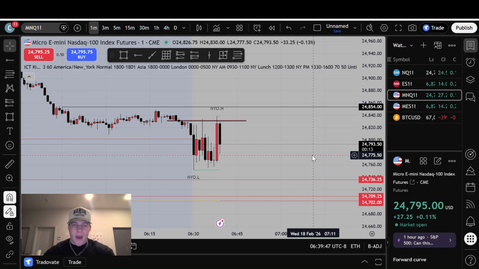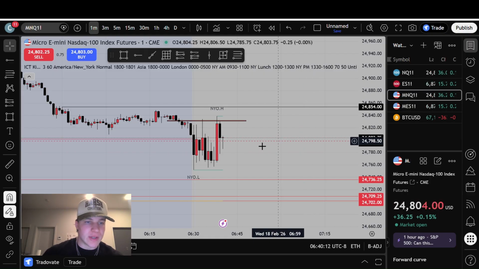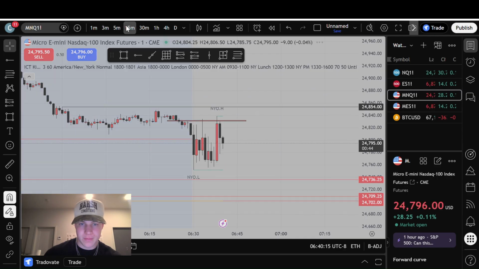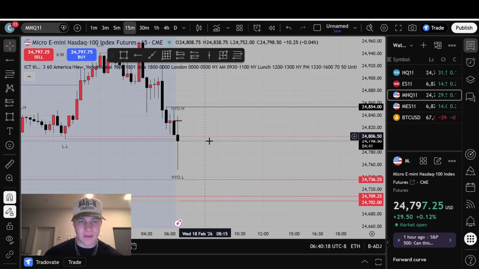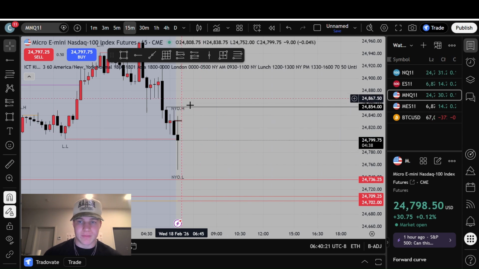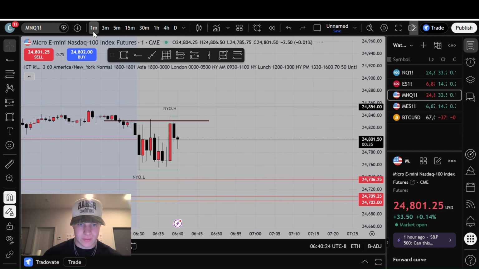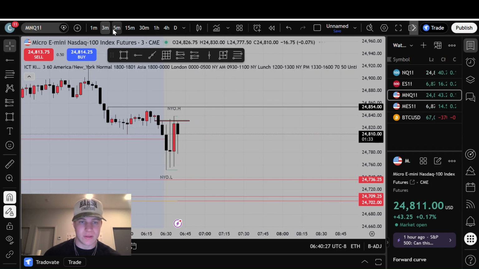Price action's pretty bad. I mean, ideally we tap into this 15-minute gap and then spin it around to the downside, but we got no inversions at all.